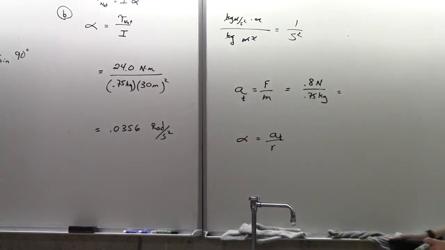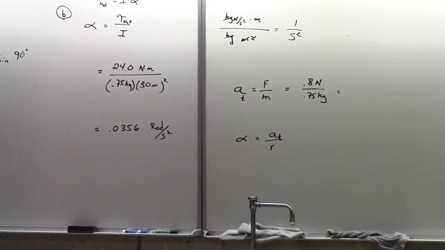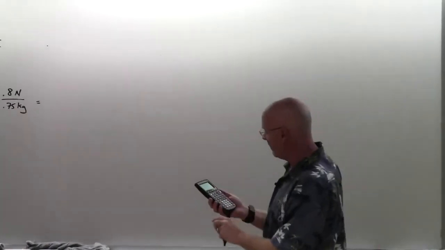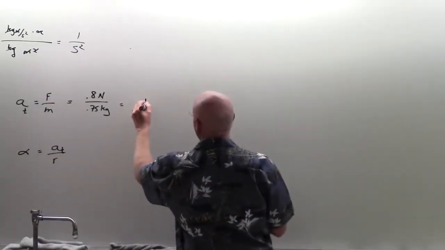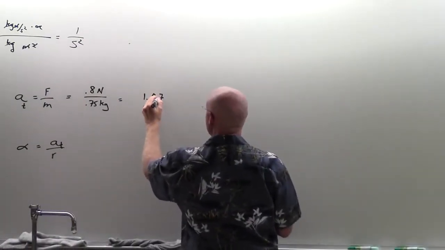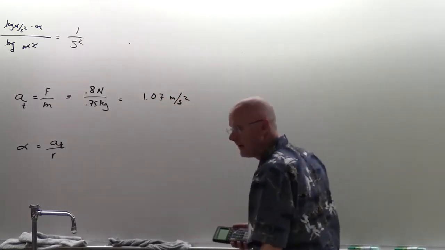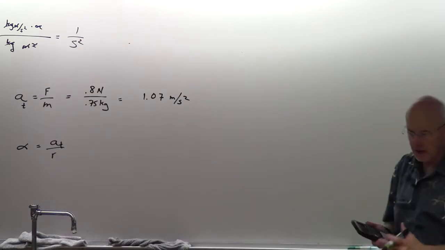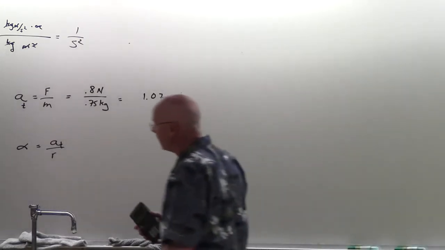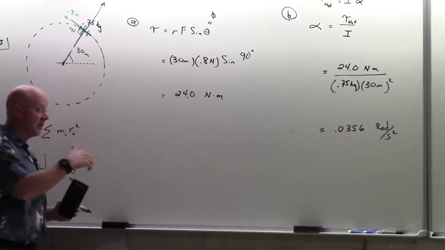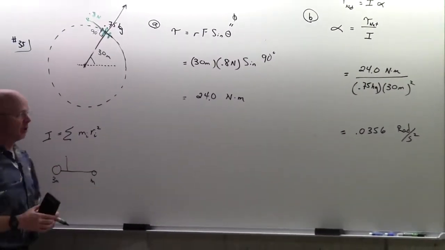That should give me what I'll call the translational or tangential acceleration, as one of you asked last time. And so 0.8 divided by 0.75 comes out to be 1.07 meters per second squared. And so that should be, again, this tangential acceleration. That step had nothing to do with this chapter in terms of rotation.